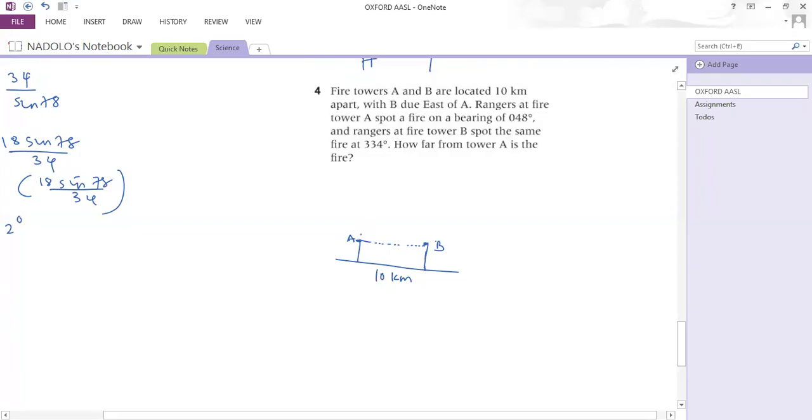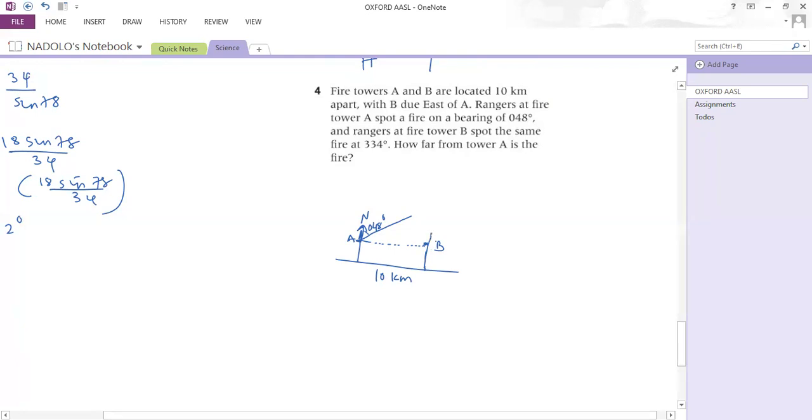So on a bearing of 48 degrees, if you draw a true north at A, 48 degrees, because you're measuring clockwise from the north, you will go this way and you'll be able to measure 48 degrees here. The rangers at fire tower B spot the same fire at 334.